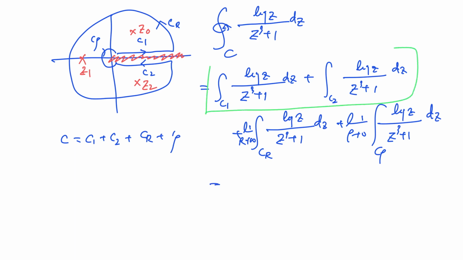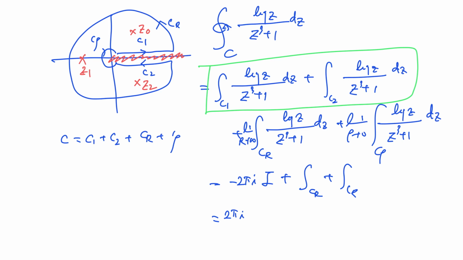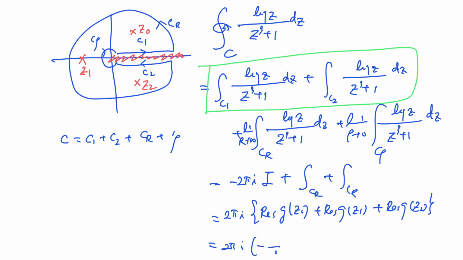We already have this, right? If we add them together, what do we have? Minus 2 pi I times this integral I, plus CR plus 0 is 2 pi I times residue G at C0, residue G at C1, residue G at C2. We know that 2 pi I times this is minus 9 over 2 square root 3 pi, right? We already have this.